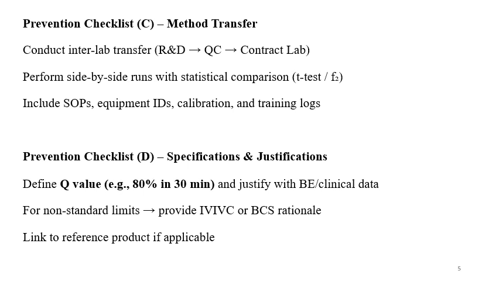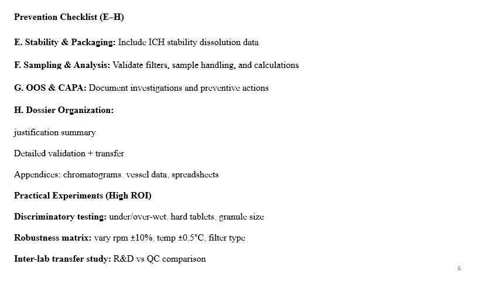If you are going for the biowaiver, then you should comply with the requirements of the BCS-based biowaiver guidelines. For non-standard limits, provide IVIVC or BCS rationale. Link to reference product if applicable. These are some of the important points to be considered.